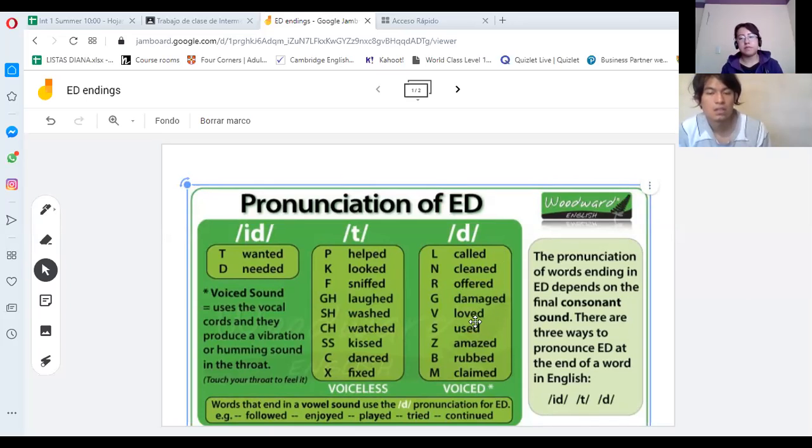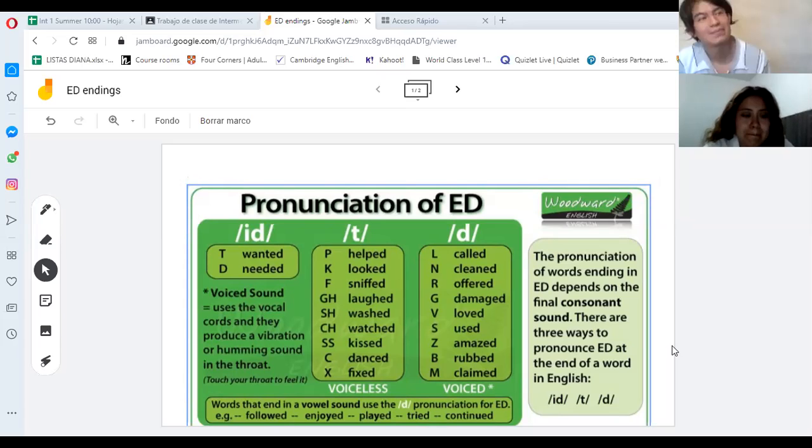Raúl, number 5? Loved. What happened with the E? The E is silent. Loved. Very good. We are not going to sound the E. Gerardo Díaz, number 6? Used. Very good. Mariana, please.